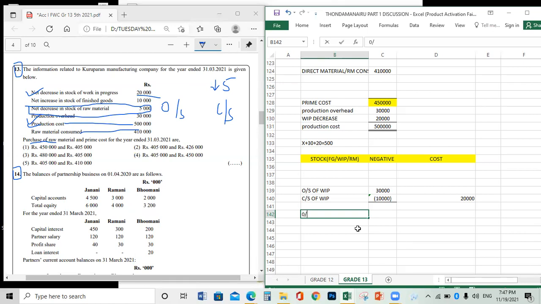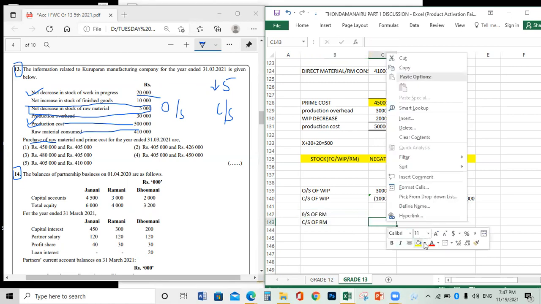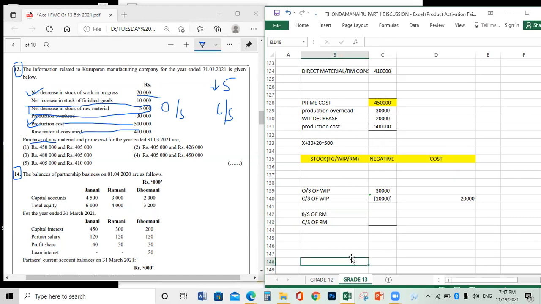Usually you take the opening stock of raw material minus the closing stock of raw material to find the change. So they say the raw material has decreased by 5,000. Now I'm just putting values to get the change of 5,000.